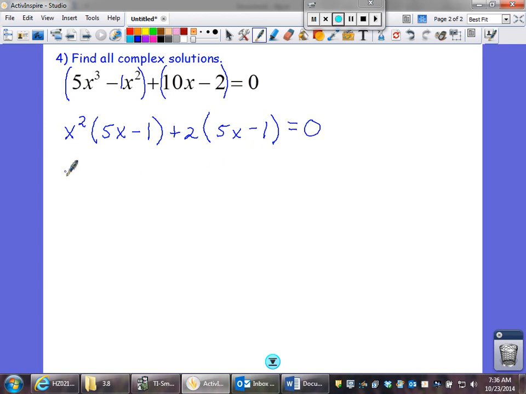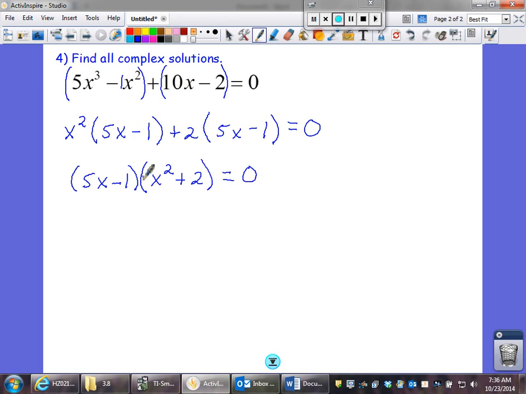That is the greatest common factor of this polynomial again. So we're going to go ahead and write 5x minus 1. And now we're going to figure out what is left over when you factor out 5x minus 1. Well, you're left with x squared, and you're left with a plus 2. Now all of that is still equal to 0.